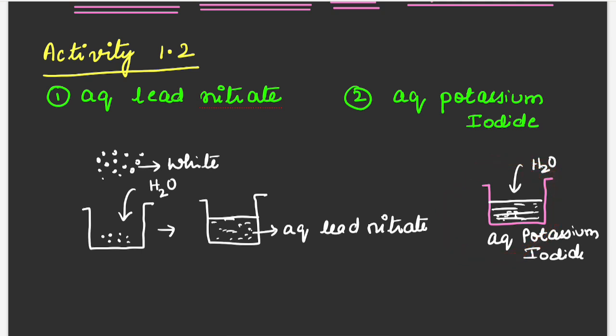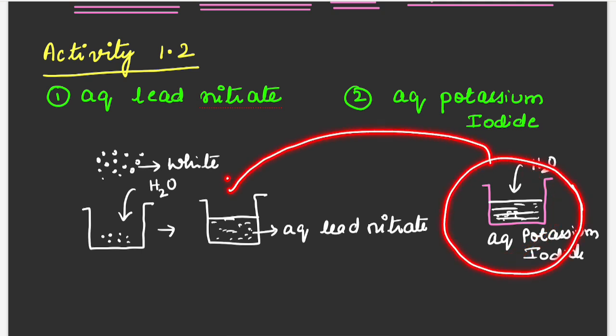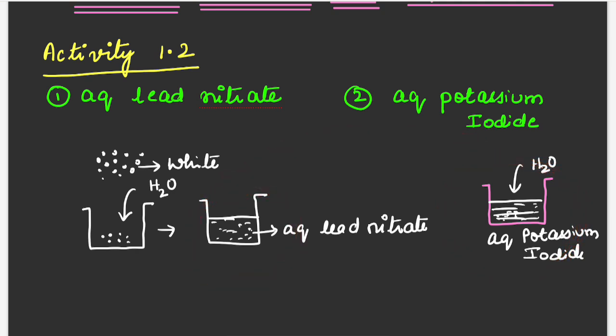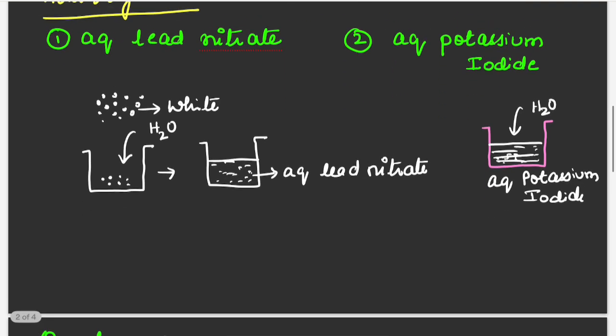Now we have taken two solutions: one is aqueous lead nitrate, the second is aqueous potassium iodide. Now we are going to add this aqueous potassium iodide into the aqueous lead nitrate. When you add it, you will see this. This is the beaker. In the beaker you can see a yellow color precipitate formed like this. Precipitate means solid. A yellow color precipitate will be formed.